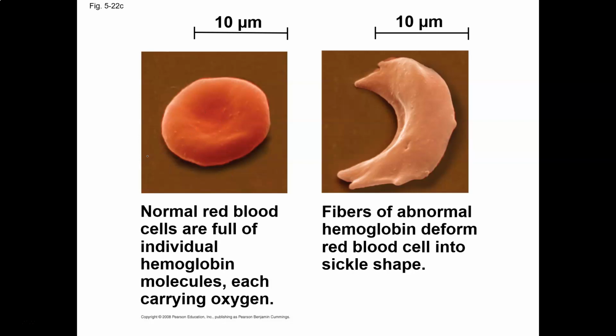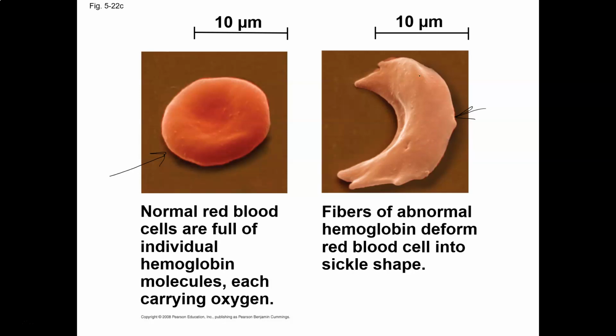Here we see, even on a cellular level, the effects of that single mutation in the shape of red blood cells. Here's a normal red blood cell, which has about 250 million molecules of hemoglobin in it. It's kind of roundish, they call it a biconcave disc, kind of sunken in the middle. Here's a red blood cell with the sickled hemoglobin in it, the abnormal hemoglobin.